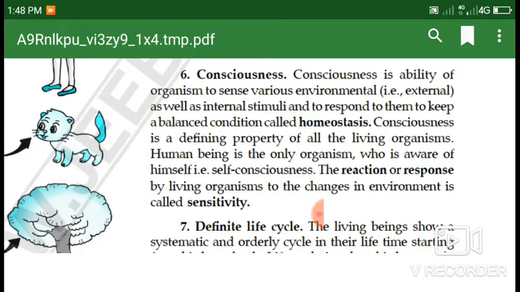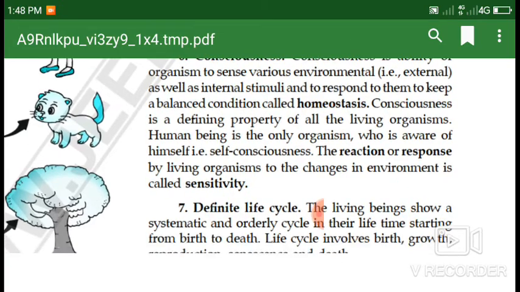You have to protect yourself from those conditions, and that is consciousness, to maintain the balance of your homeostasis. So consciousness is a defining property of all living organisms.